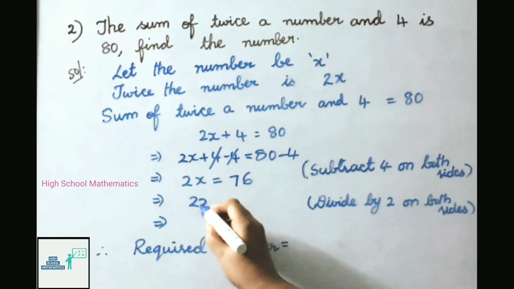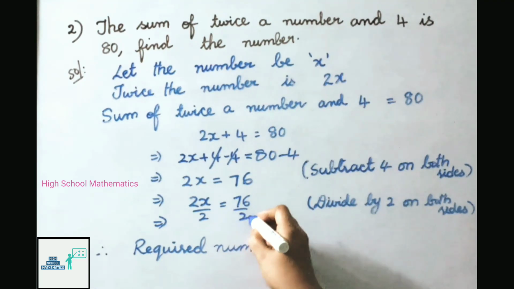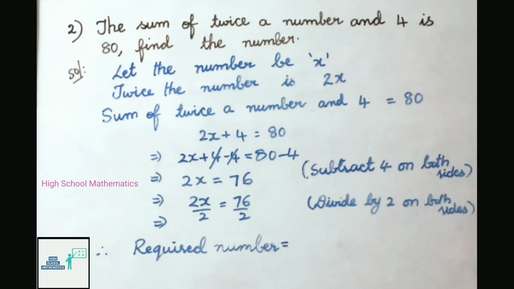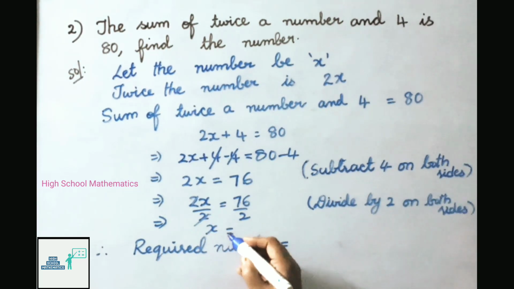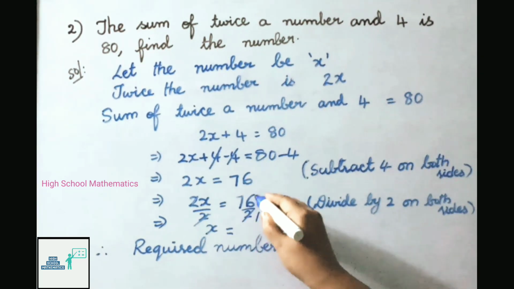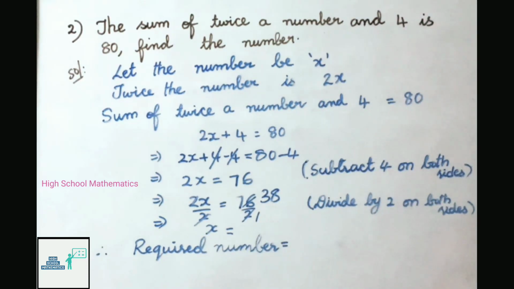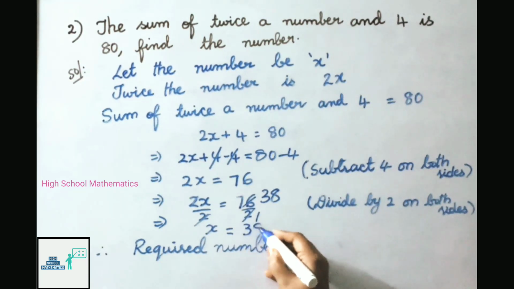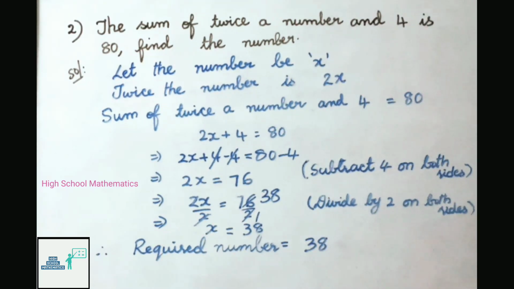So write down 2x by 2 equals 76 by 2. That implies here 2 cancel. Write down x equals, 2 ones are 2, 2 38s are 76. So the x value is 38. Therefore, the required number is 38.